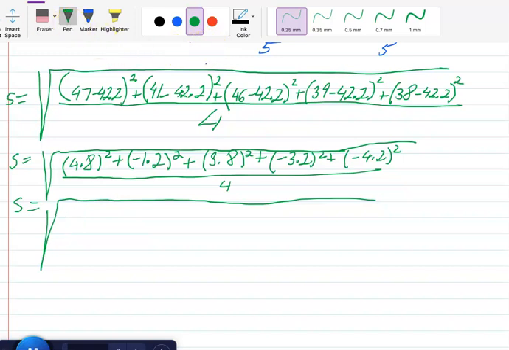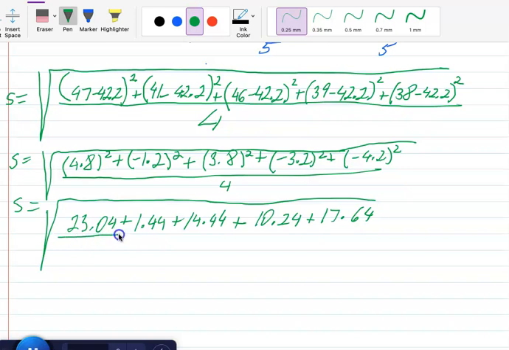I'm just going to erase the parentheses. 4.8 squared is 23.04, plus 1.44, that's negative 1.2 squared, plus 3.8 squared is 14.44, plus negative 3.2 squared is 10.24, plus negative 4.2 squared is 17.64, divided by 4.